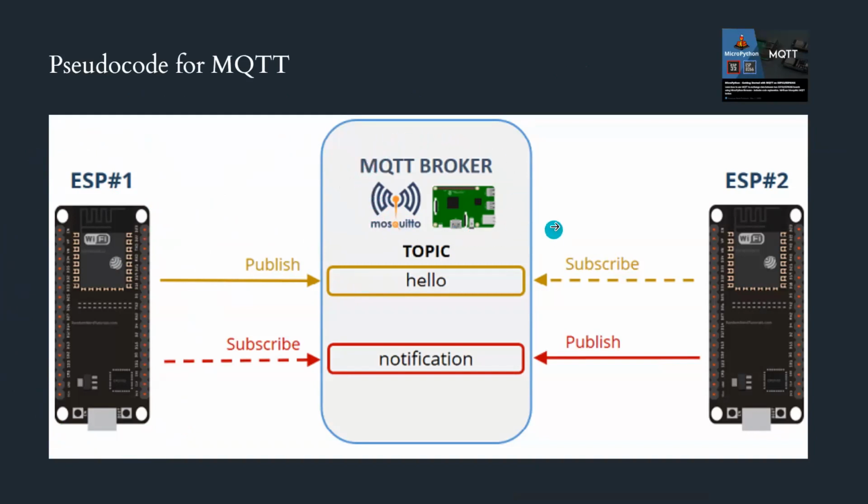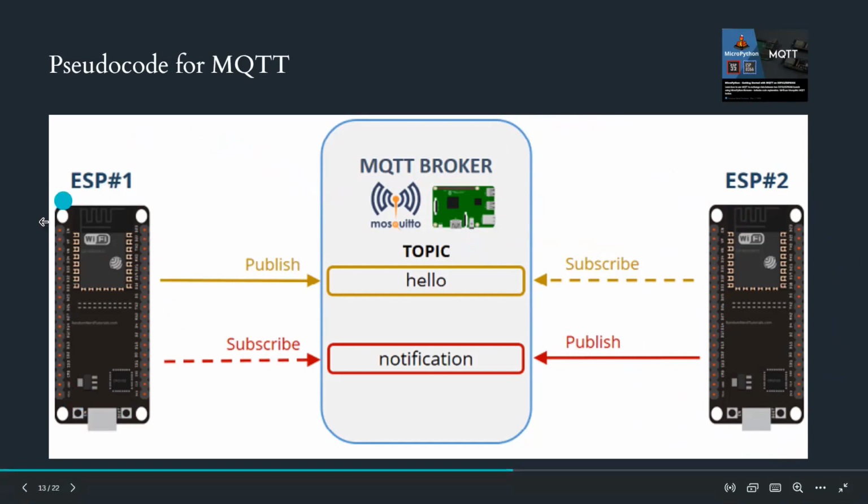Once the MQTT broker gets the data that is subscribed to by a certain other device, the broker will publish the necessary data to the ESP2 device.